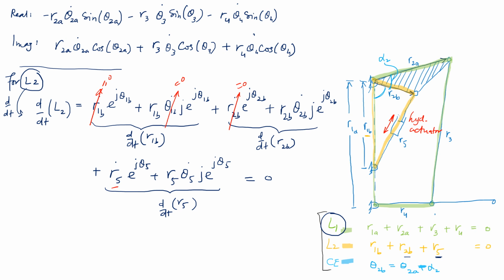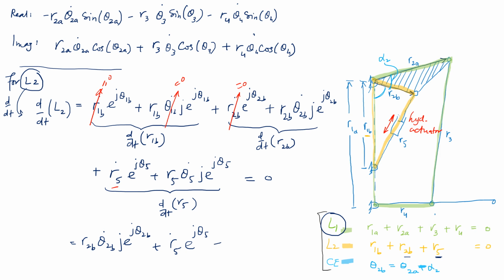I'll use the same color. So this is going to be equal to something like R2b theta 2b dot j e raised to power j theta 2b, added with the R5 dot term, which is interesting in itself, e raised to power j theta 5.